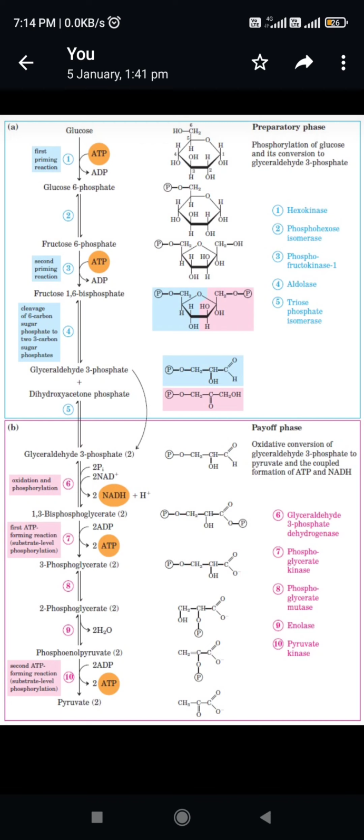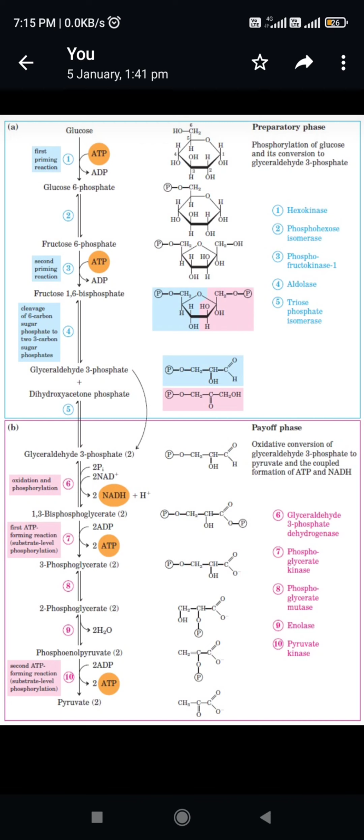Both are 3-carbon sugars. In the presence of the enzyme triose phosphate isomerase, dihydroxyacetone phosphate can be converted to glyceraldehyde 3-phosphate. So there are 2 molecules of glyceraldehyde 3-phosphate. At this point, it will enter into the payoff phase.